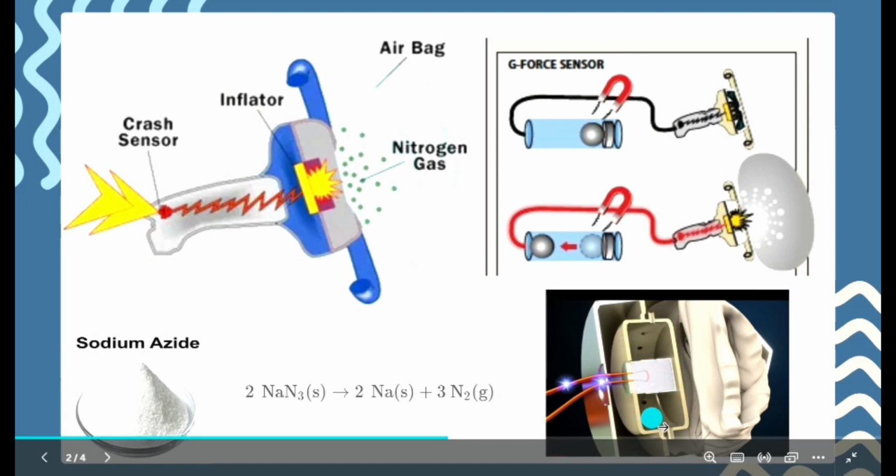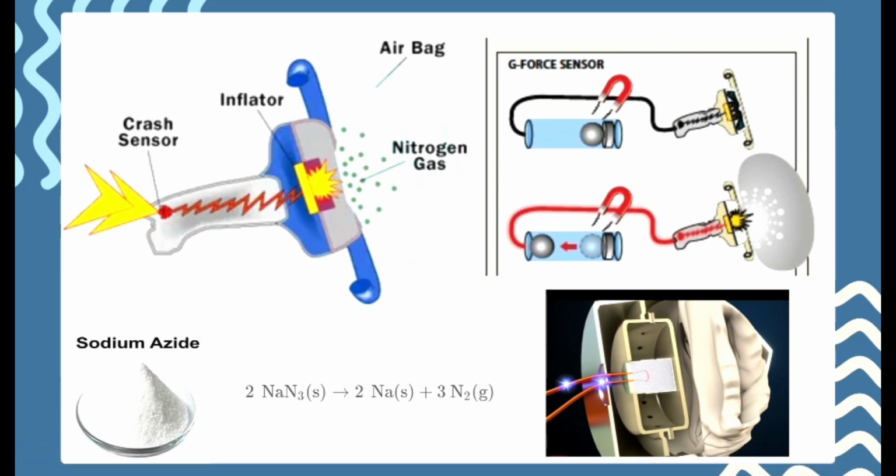This causes the sodium azide to explode and generate nitrogen gas very quickly. So here is the decomposition equation of sodium azide. It decomposes into sodium metal and nitrogen gas. This is able to inflate the bag within 30 milliseconds.